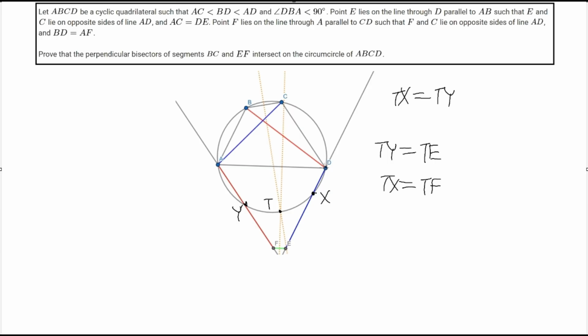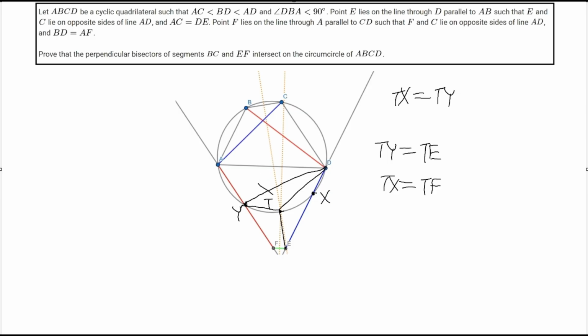So let's go ahead and draw in YD, and DE is already drawn in. And we have YT, TE, and let's draw in DT. So if we could prove these two triangles are congruent, then this would obviously mean that T also lies on the perpendicular bisector, because then these two lengths are equal.